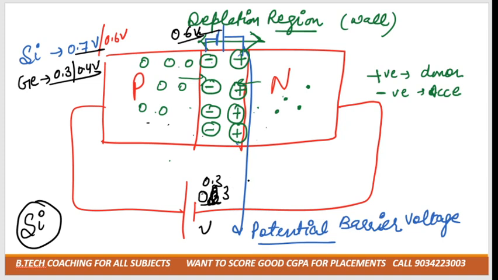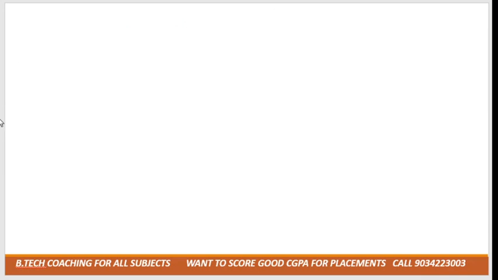No. Now I am giving 0.6 volt. I am giving the energy equal to the potential barrier voltage, the energy required to break the wall. Now in this case, current will flow, meaning they will be able to break the wall.